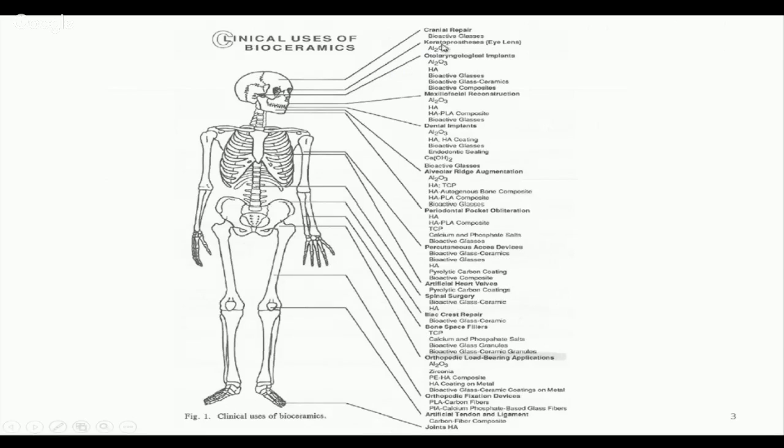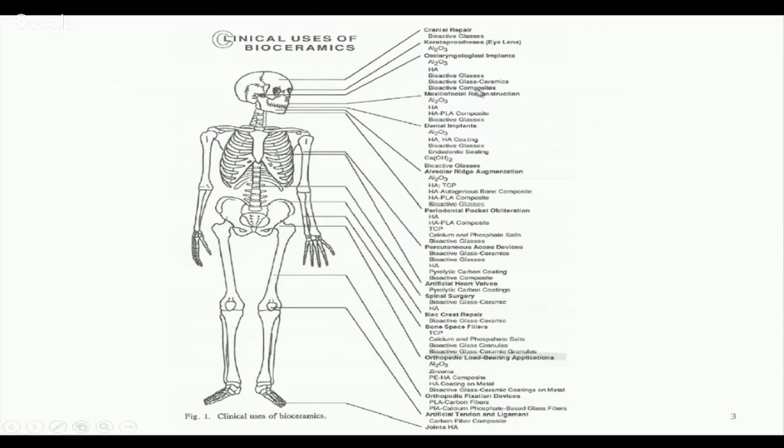So you can see here, I will not talk about many materials, I will be limited to only a few, so that way it will be much easier. So you can see alumina, you can see hydroxyapatite, which is the mineral phase of the bone, bioactive glass ceramics, bioactive composites, alumina, hydroxyapatite PLA, which is polylactic acid composite, dental implants, which is alumina.